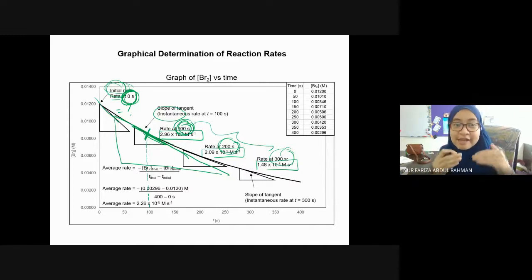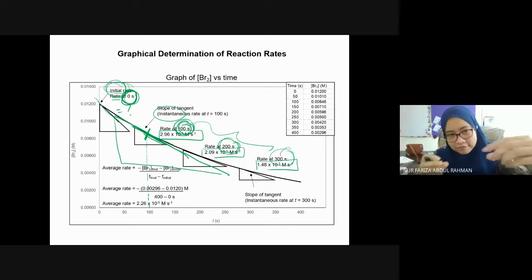That's why saya advise you, saya rasa the best would be the closest to the curve line tu. Bila buat slope tangent tu, garisan dia tu should be the closest to the curve.